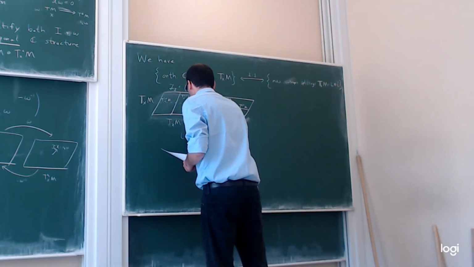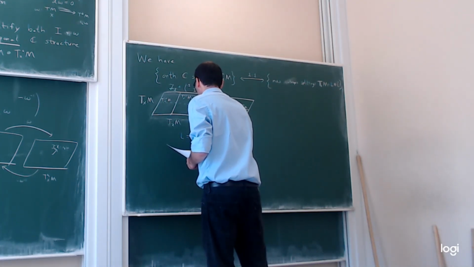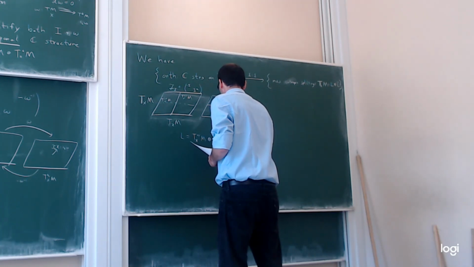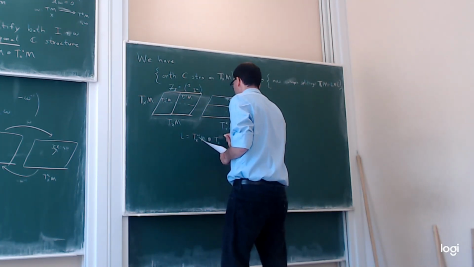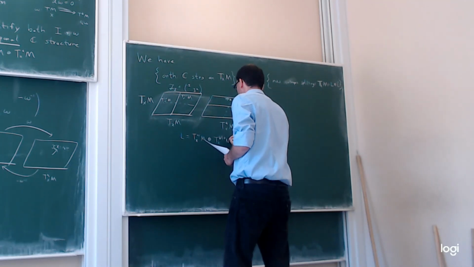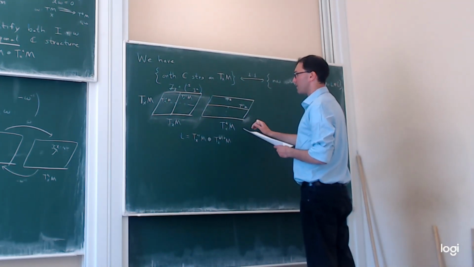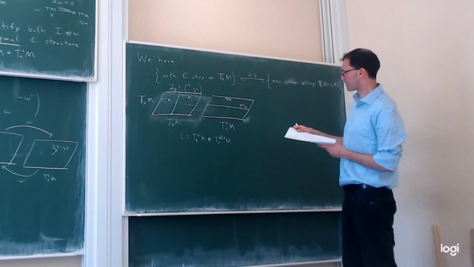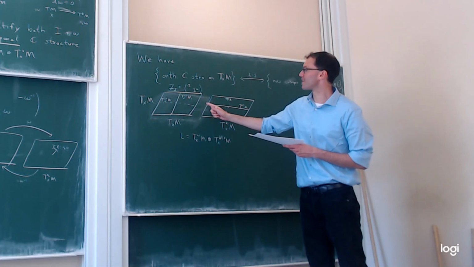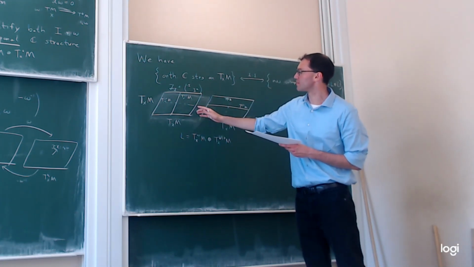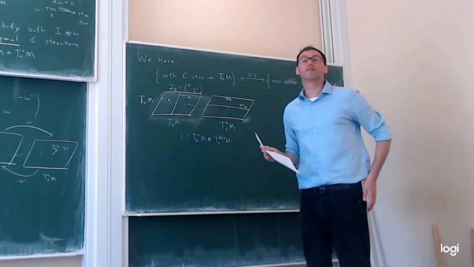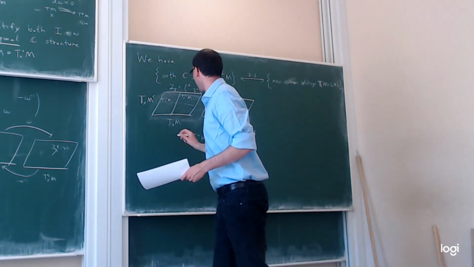That is, L equals the direct sum of T_x^{0,1} M with T_x^{*1,0} M. In the symplectic case, it's not as straightforward to draw it like this because the space L doesn't split in this way.